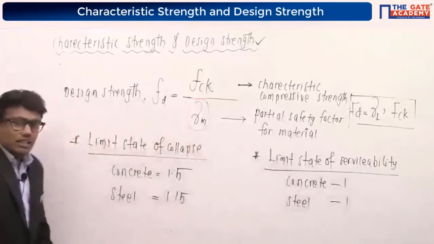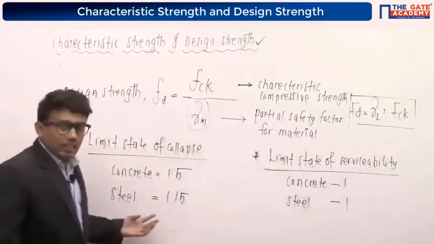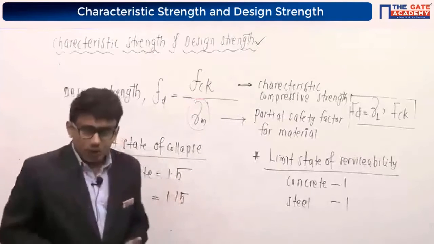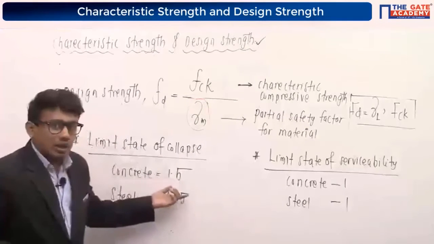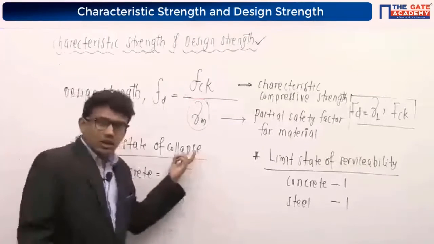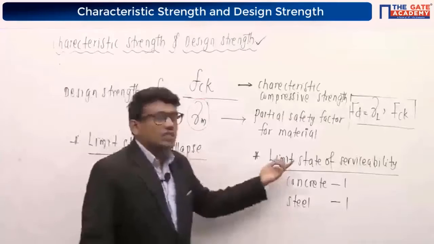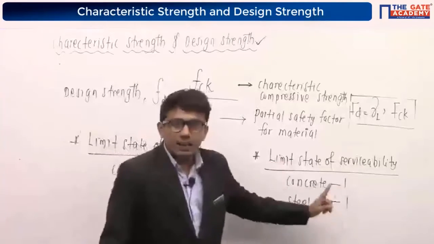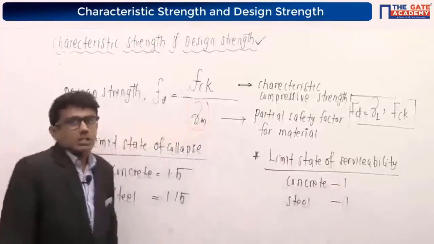These are the materials in a concrete structure, right? In a concrete structure, the materials are concrete and reinforcement. For concrete, we have to consider 1.5. For steel, we have to consider 1.15 in the limit state of collapse. In the limit state of serviceability, we have to consider the partial safety factor as 1 and 1. Please note it down.